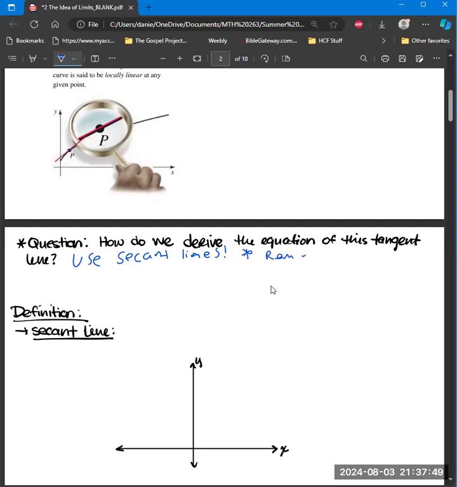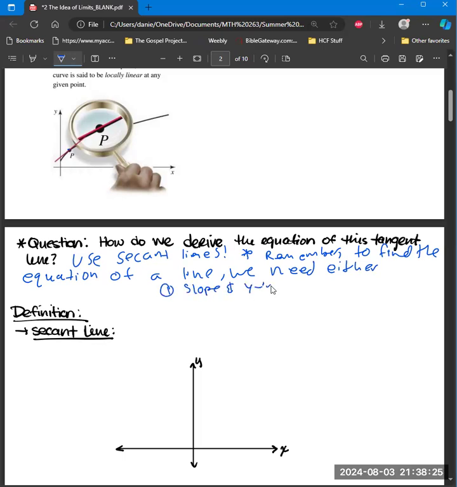So remember, to find the equation of a line, we need either slope and y-intercept, or we need a point and slope, or 2 points will be enough here to get us the slope, and then we can use one of those points.